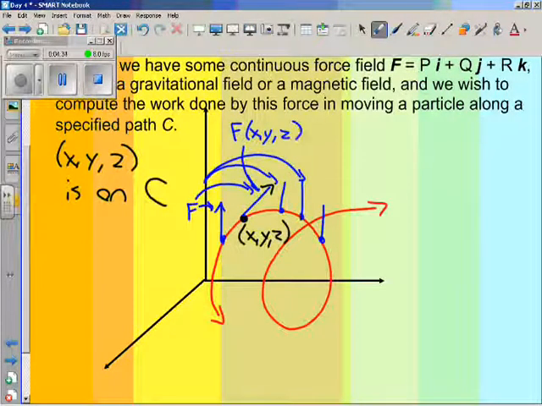It's just some vector that assigns at some point a direction and a magnitude.